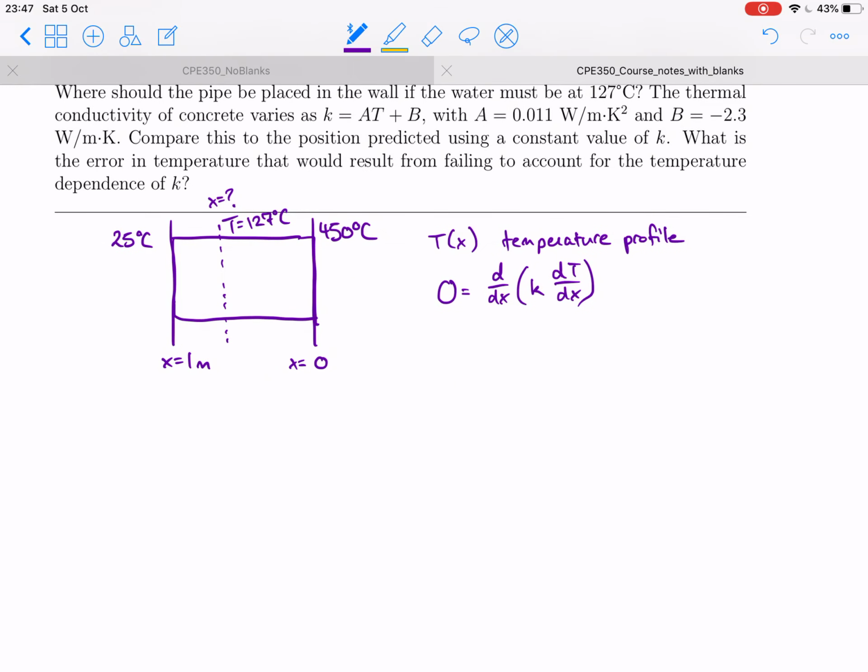This is a second order differential equation because there's two derivatives here. So we're going to need two boundary conditions to solve this. And those are given in the problem statement.